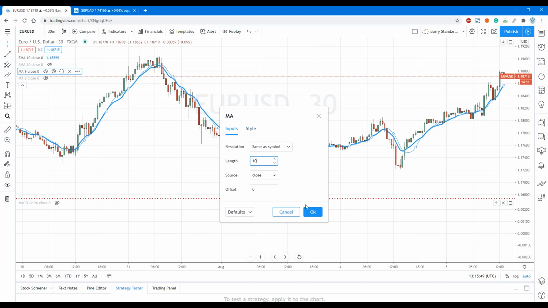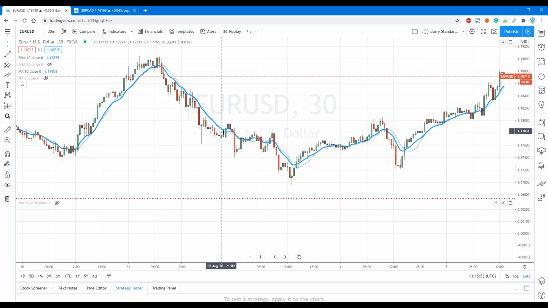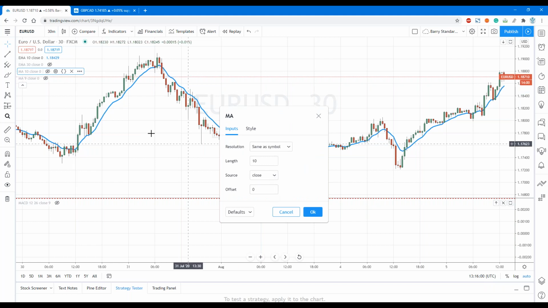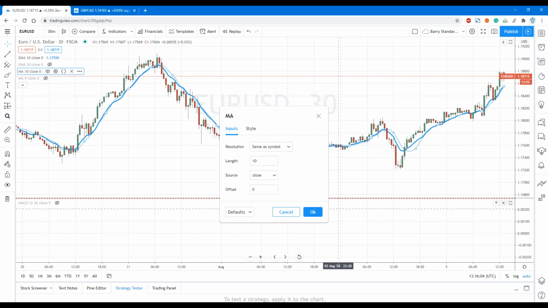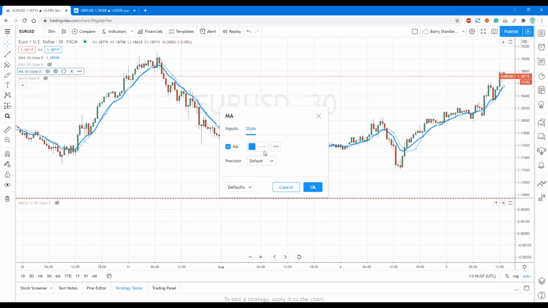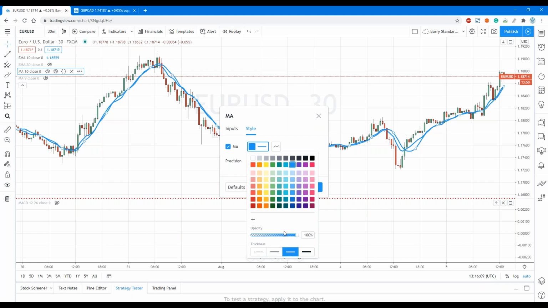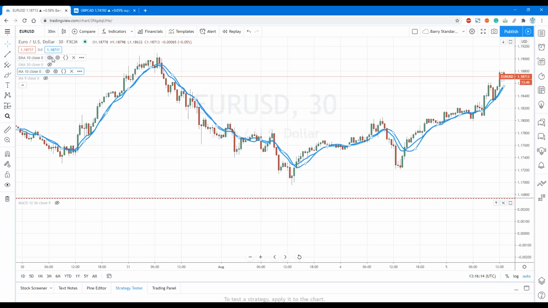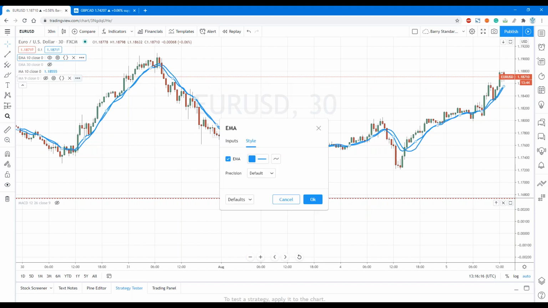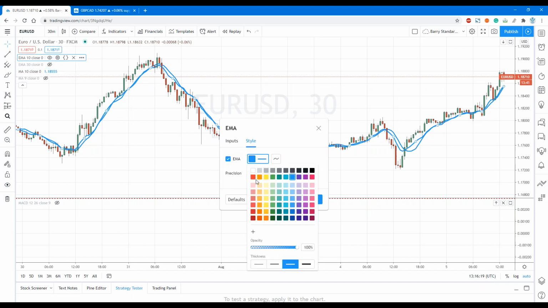Okay. Let's make this a little bit thicker. Okay. And now I'm adding to the charts what's called an EMA. That's the exponential weighted moving average. I'm going to put that in purple.